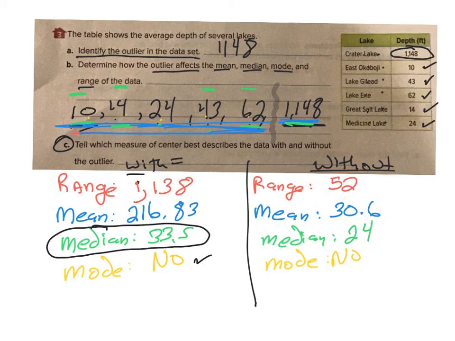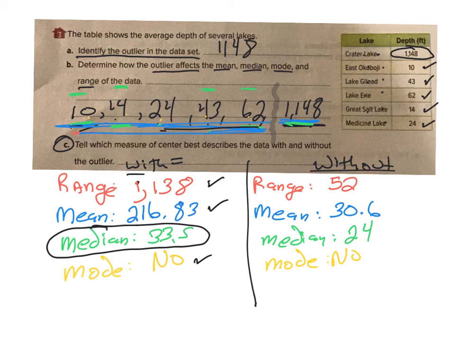It can't be the mode because it's not there. The range, that's too big. And the mean, the average, doesn't truly represent the center. So I think median is closest when you're including the outlier.